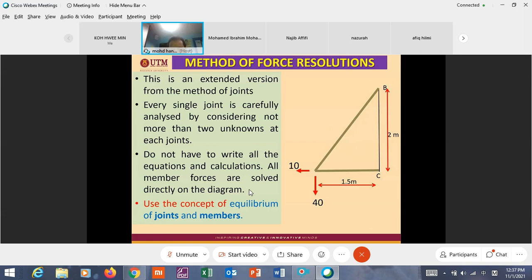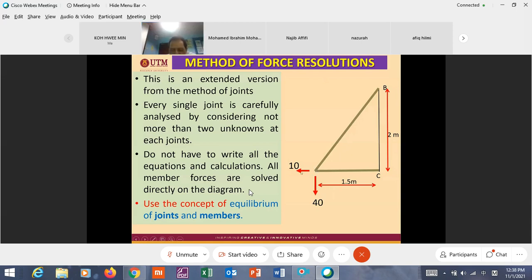For the section, not more than 3. For the resolution method, not more than 2. For force resolution, we use the concept of joint equilibrium and also the concept of member equilibrium.